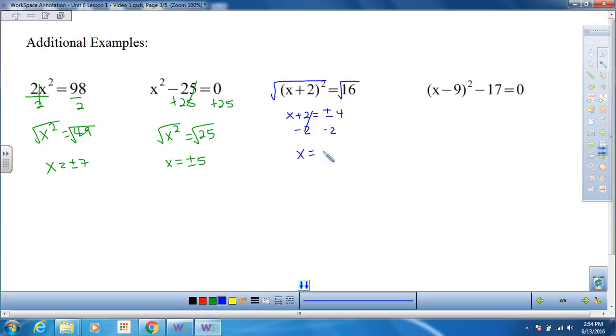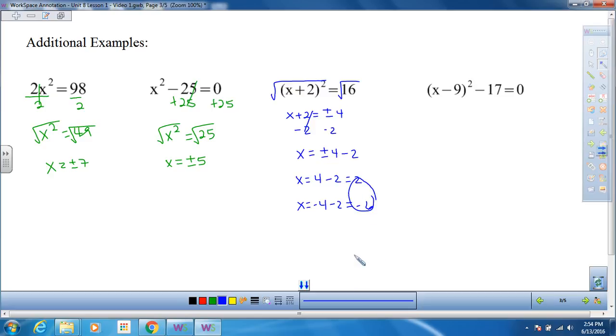So right now I have plus or minus 4 minus 2. So I have 2 answers. I have x equals positive 4 minus 2, which is 2. And then I have negative 4 minus 2, which is negative 6. So my 2 answers are 2 and negative 6.